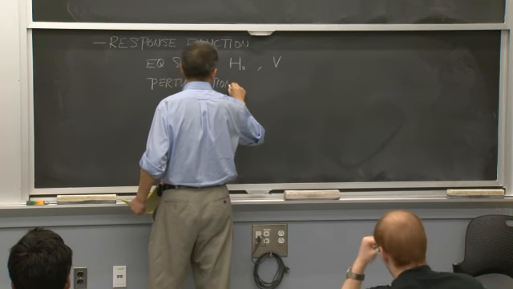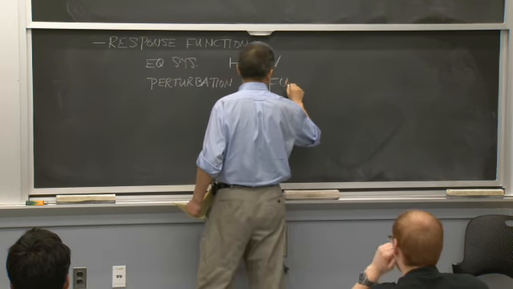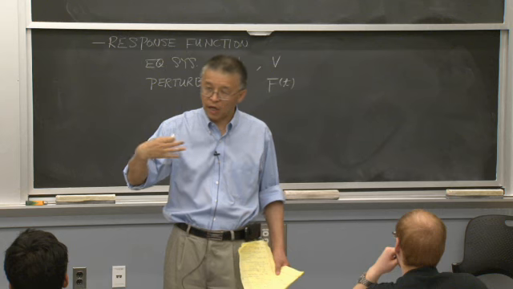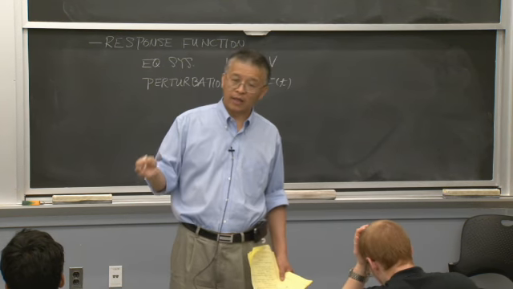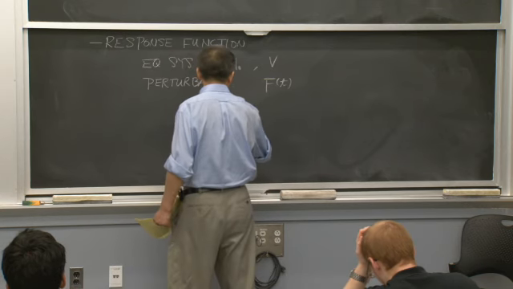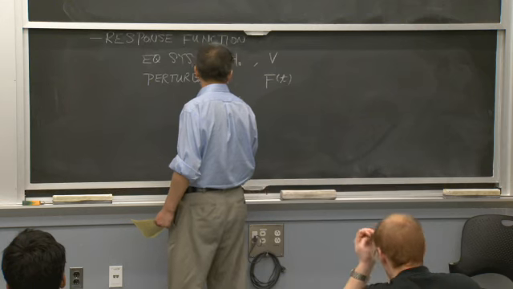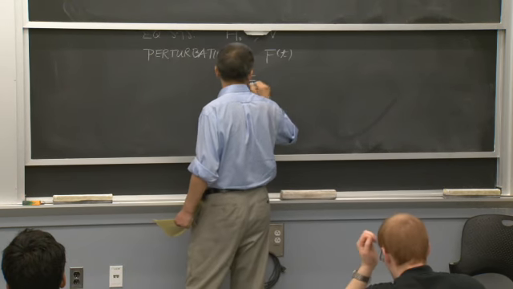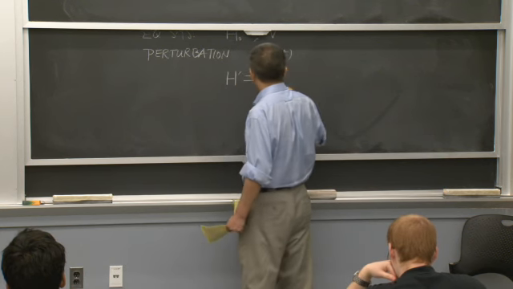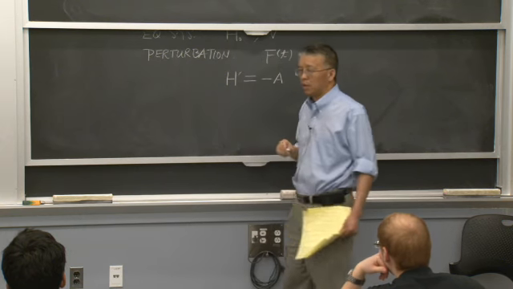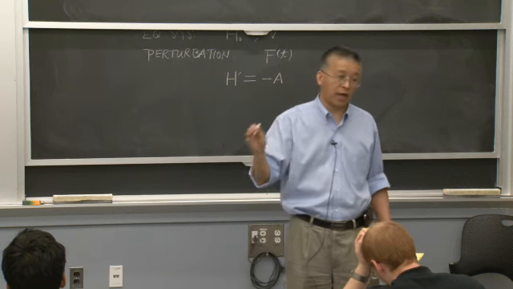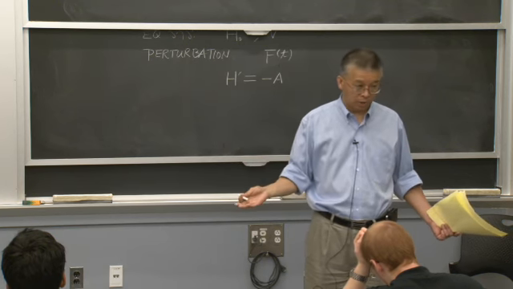due to a force, so I use a force to perturb it, and because I'm applying force, the energy of the system will change, and that change is H prime, right? Small change. So I will say this is the perturbation to the Hamiltonian of the system, and I can write this perturbation because this is the force applied. So this will be related to the position and momentum of each atom in the system, right?